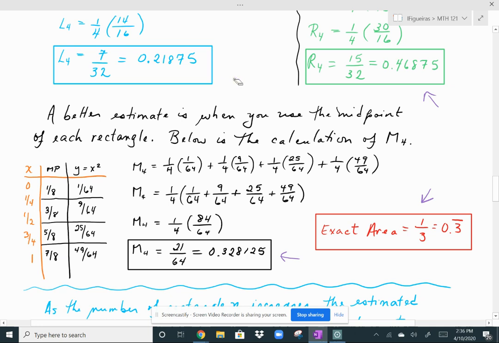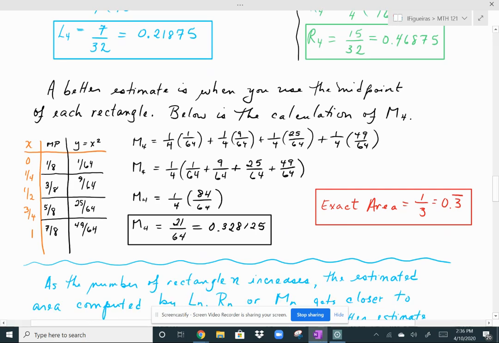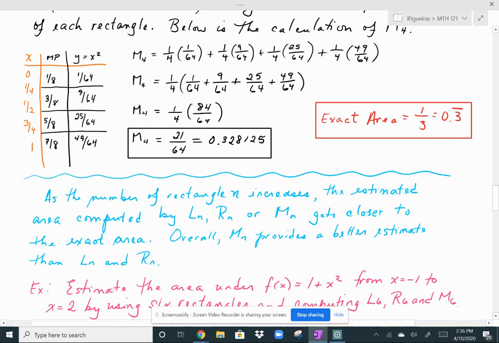And that will usually be the case. So the left-hand endpoints and right-hand endpoints give you a decent estimation. The midpoint, or m sub 4 in this example, gives you a more precise estimation. All right, so something to keep in mind is right here.